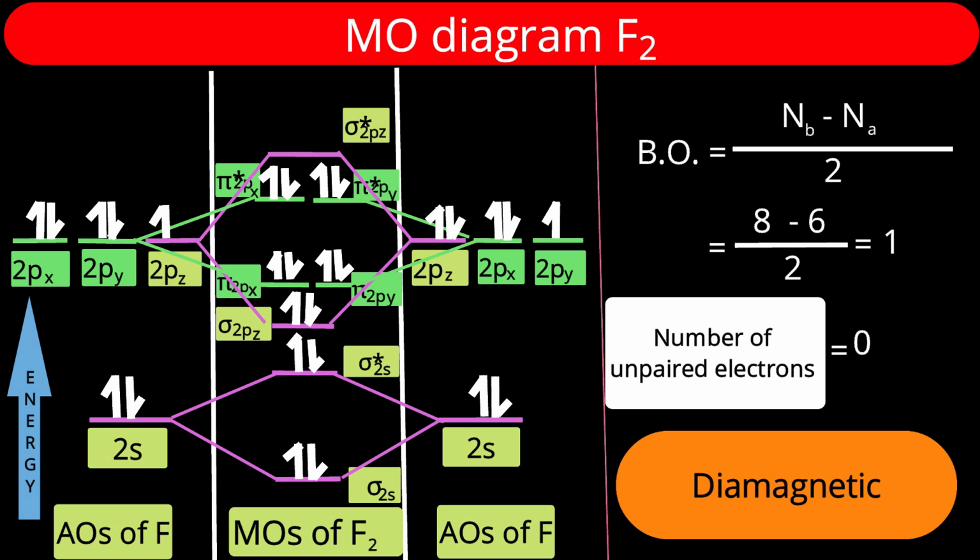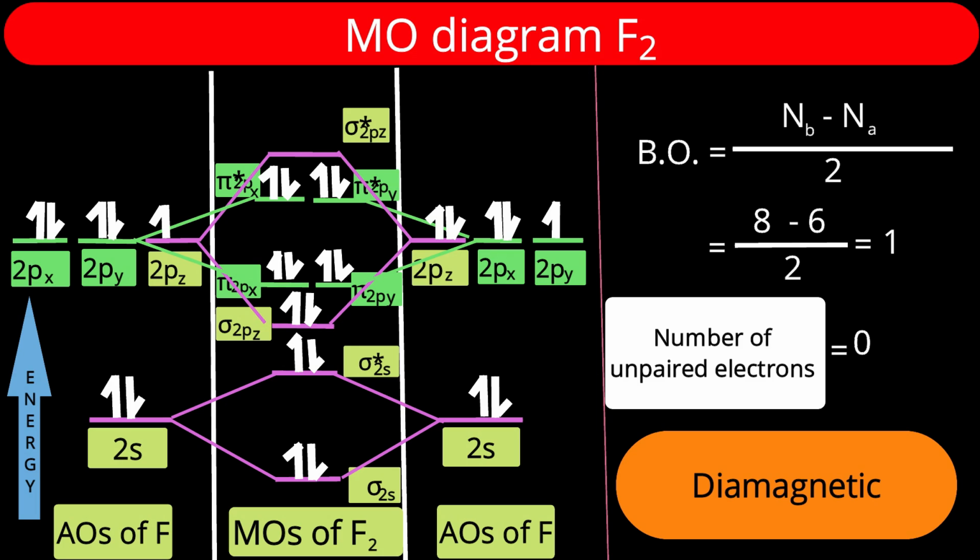So sigma symmetry is there for both orbitals, so they should form molecular orbitals. There is appreciable overlap. So two atomic orbitals are combining, two molecular orbitals will be the result. One bonding, we say it as sigma 2s, which is a result of constructive interference, addition of wave functions. Energy decreases. And the other orbital, sigma star 2s, is a result of destructive interference, subtraction of wave functions.